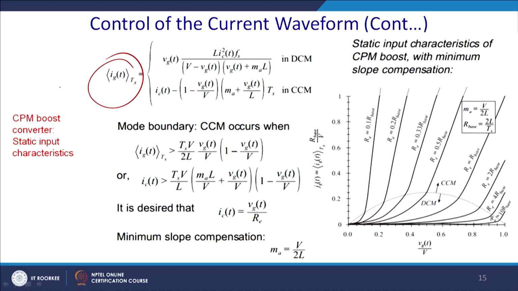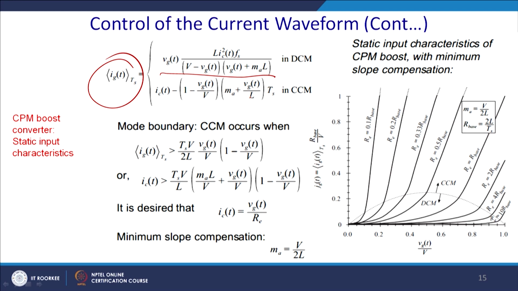So, this IGT you are talking about may operate in a CCM mode or in a DCM mode. This is the value in case of DCM mode, that is ILC square F Vg minus this thing, and in case it is in CCM mode, the value will change by this.